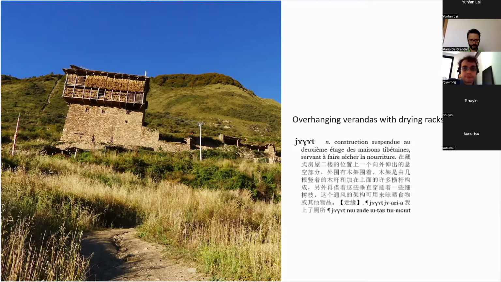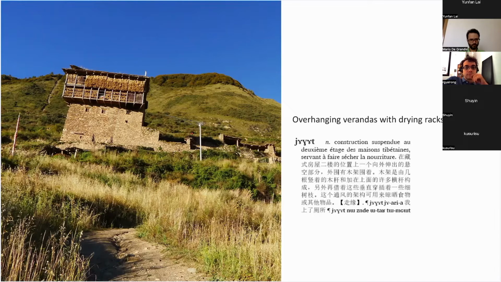And this kind of structure is one of the most important characteristics of local tower dwellings. We can also find this in some surrounding mountainous areas. And this is also one important working space for locals.